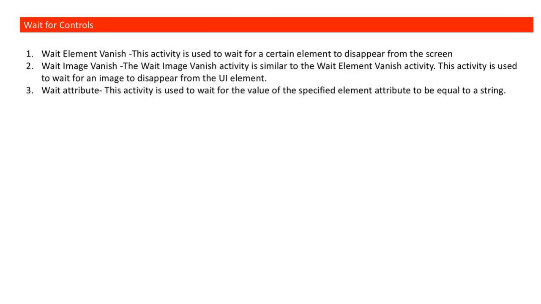Similarly, sometimes you need to wait for something to happen before you can proceed further. You have clicked a submit button, but there is some processing happening in the background. Or there might be an image you are waiting for. You must have seen a lot of pop-up images coming, and you need to wait for that spinner or flash screen to go, and only then should you perform the next step.